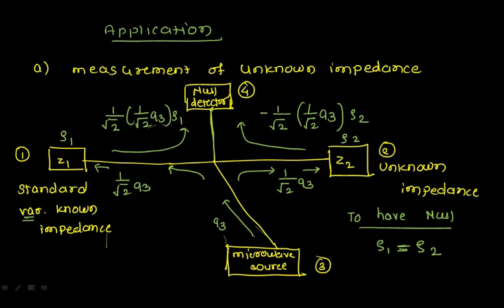So when your Z1 becomes Z2, your null detector detects 0. So you vary this particular known impedance until you get a 0 there. Once you get 0, stop there. That is your unknown impedance. So this is the process of measuring unknown impedance with the help of the magic T. The second one is using a magic T as a duplexer.